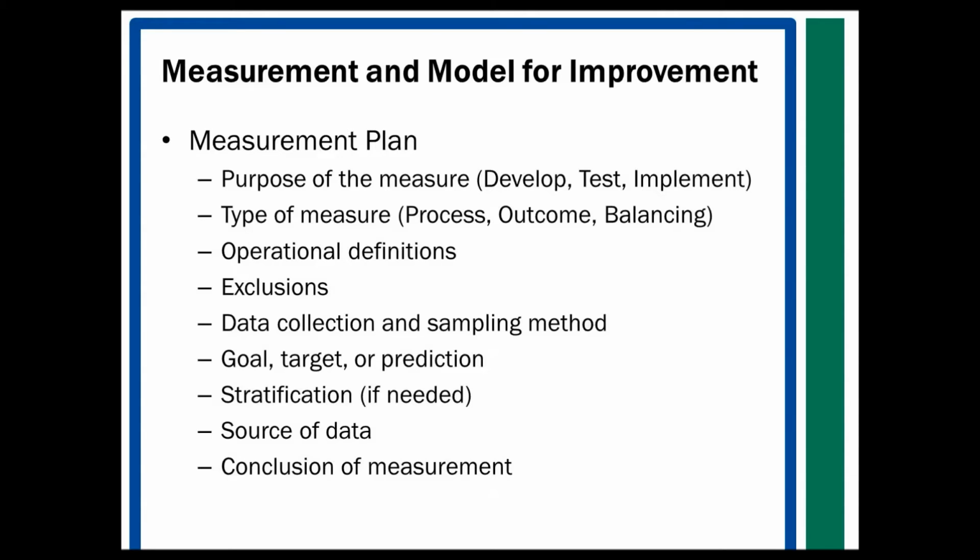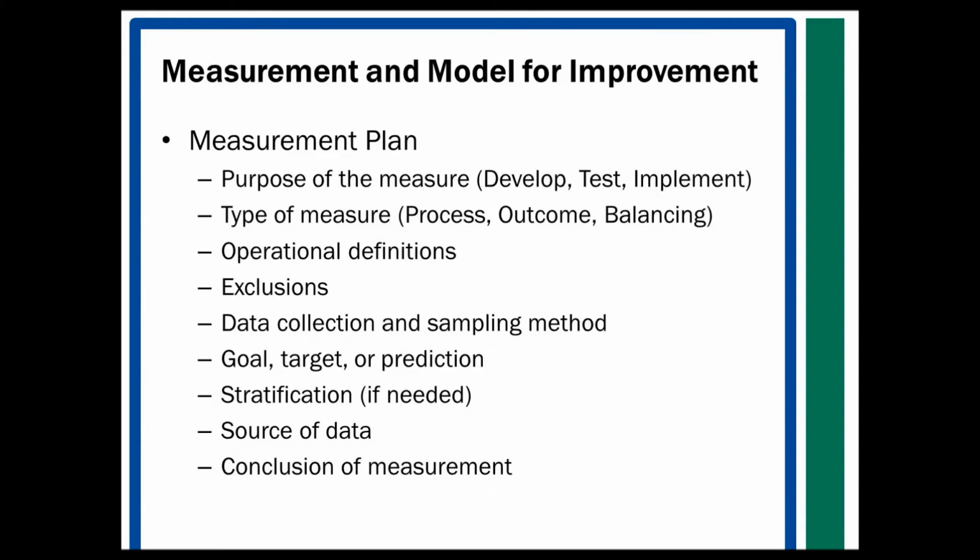The measurement plan would also need to include your data collection and sampling method. That is relatively straightforward in terms of who's going to do what and when and for which. We would expect a measurement plan to also include the goal or the target, or sometimes even a prediction of what that measurement will generate.